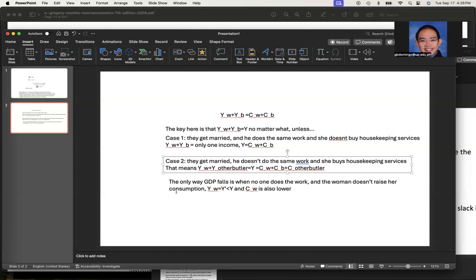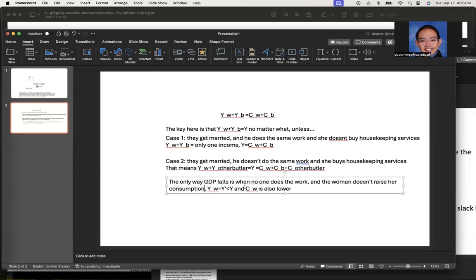In fact, the only way for GDP to fall is if no one does the work, and the woman doesn't raise her consumption. So basically, the only way it happens is if the butler himself disappears and doesn't need to consume anymore, in which case the income falls. So the left-hand side will fall, and the right-hand side will also fall.